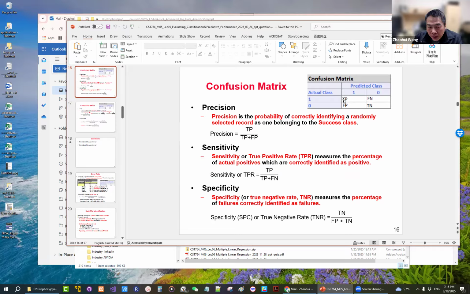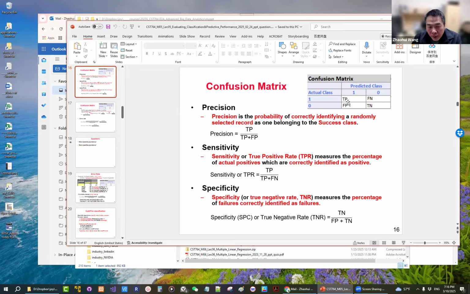The first letter, true or false, is for matching or not. If the predicted value matches the actual value, then it will be true. Otherwise, it will be false.